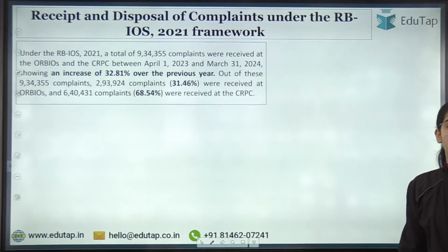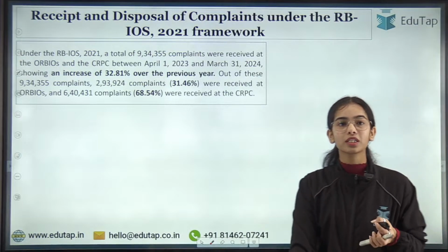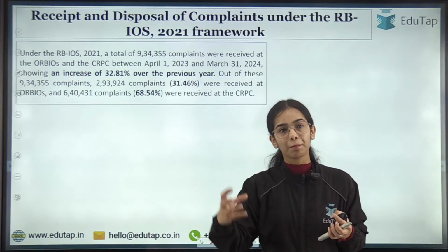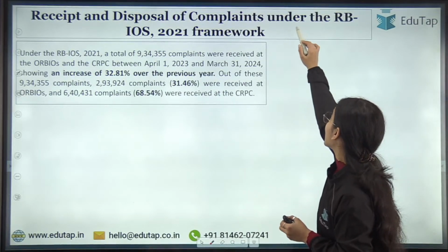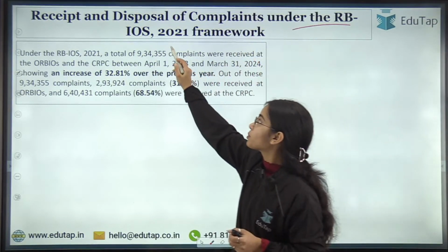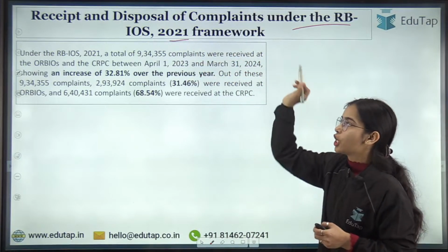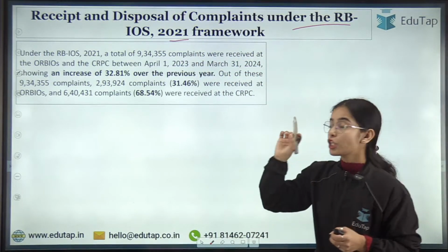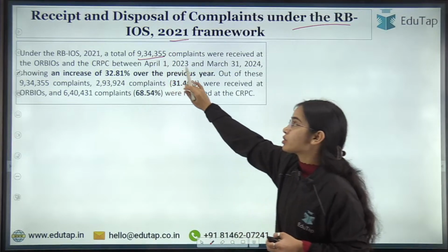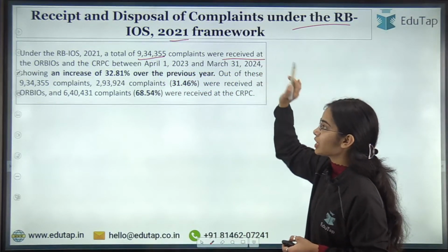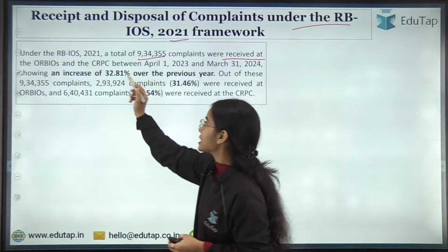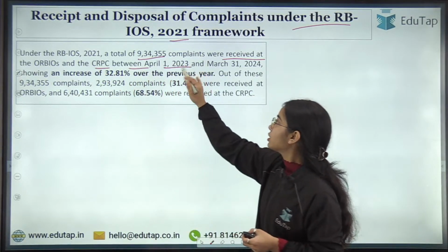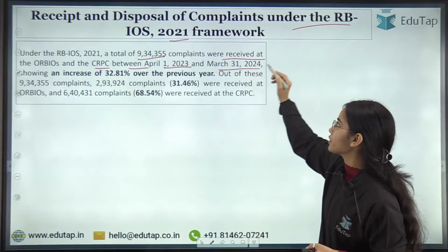Now let's discuss what the report has said about the complaints that have been received. Okay, so receipt and disposal of complaints under the Reserve Bank Integrated Ombudsman Scheme 2021 framework. Under the scheme, a total of 9,34,355 complaints were received at the offices of the Reserve Bank Integrated Ombudsman and the CRPC between April 1, 2023 and March 31st, 2024.